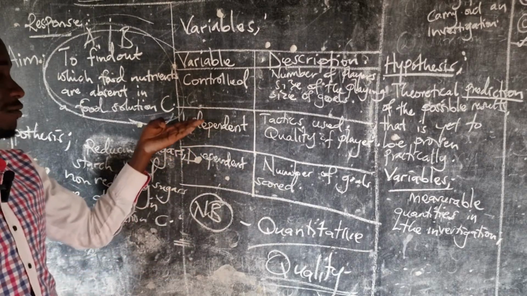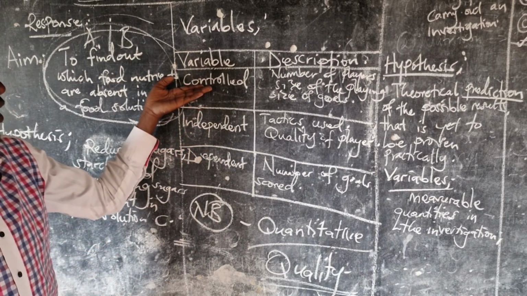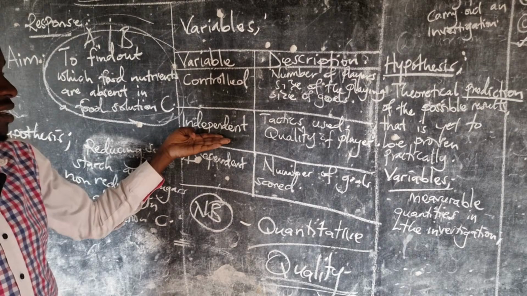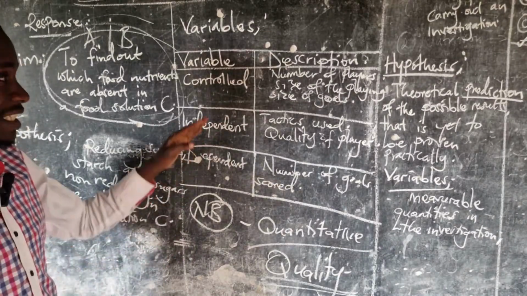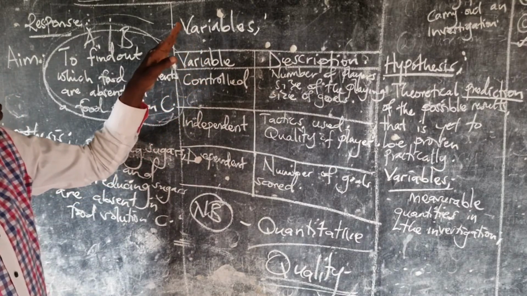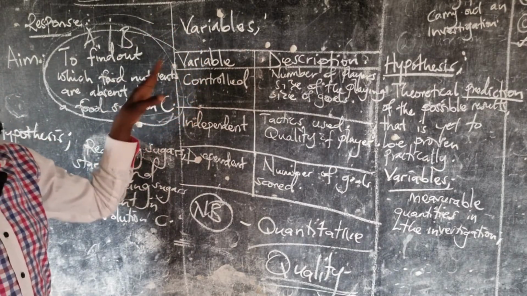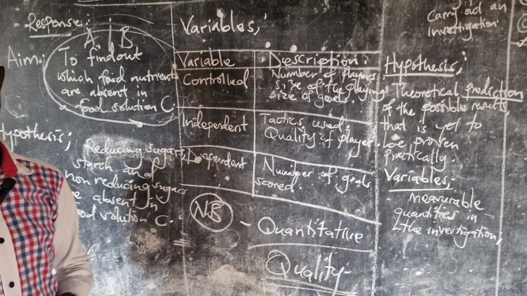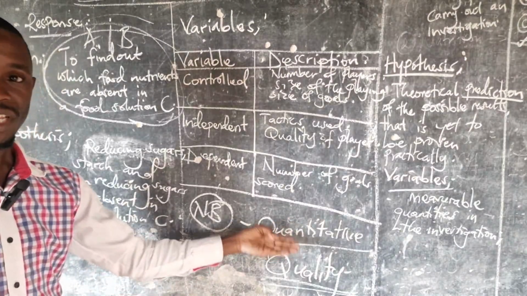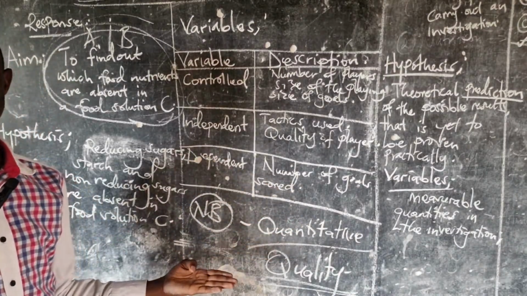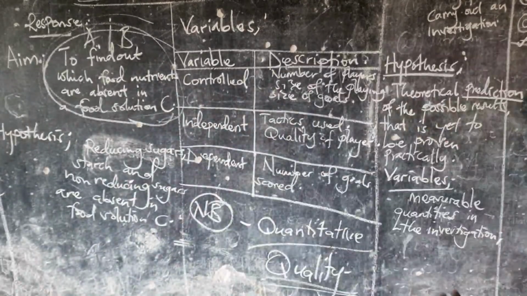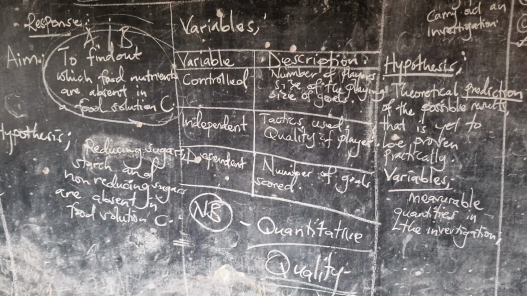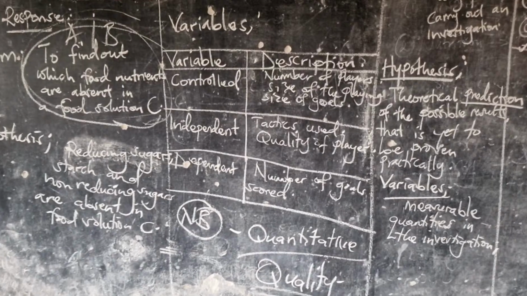We may have the controlled variables and maybe, anyway, we may present them, but the variables are more likely to be presented in the quantitative practicals, things to do with numbers. So that is about variables. I think I've softened them.